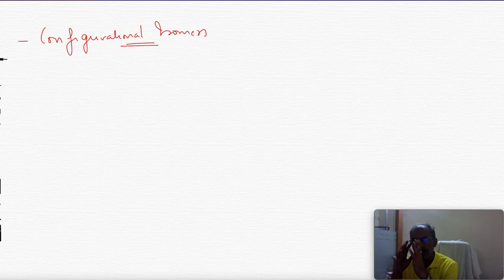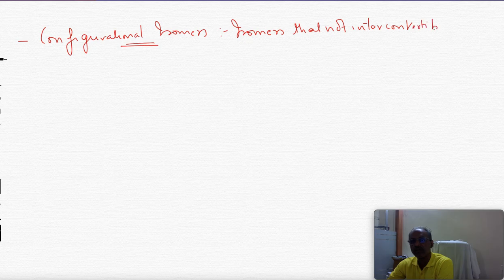In configurational isomerism, they are non-interconvertible, means they cannot be converted. Why? Because there is no rotation along the C-C single bonds, sigma bonds. Therefore, if there is no rotation, then obviously the issue of interconvertibility does not come.